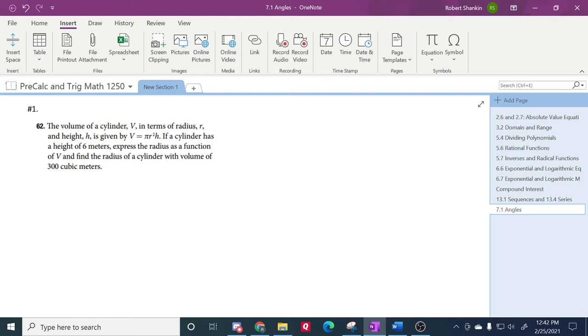Okay, let me stop you here because I want to focus on this formula a little bit so that you have a little insight into this formula. What a cylinder looks like is like a Coke can.